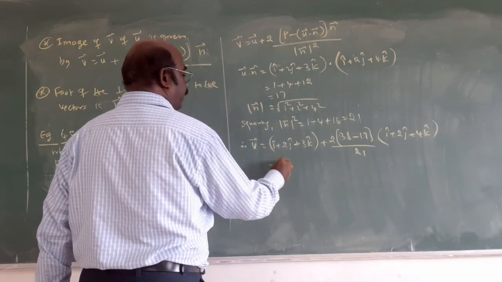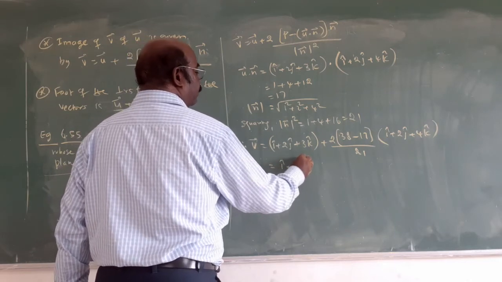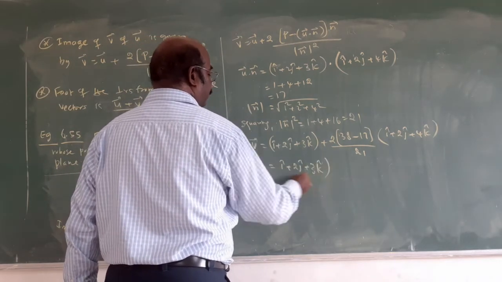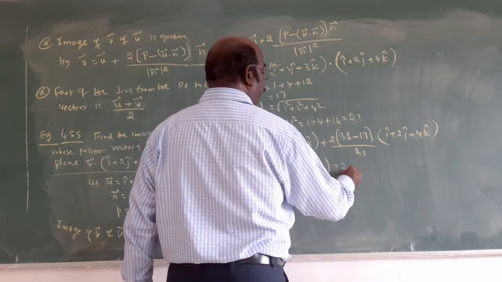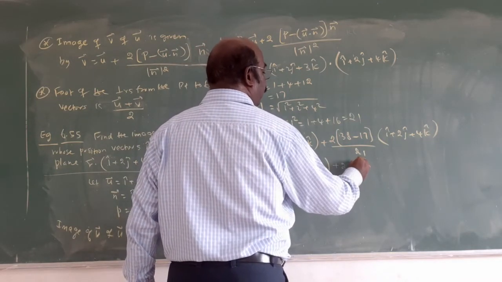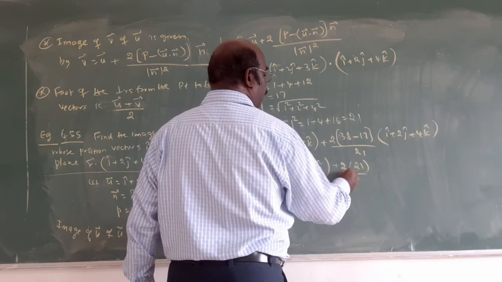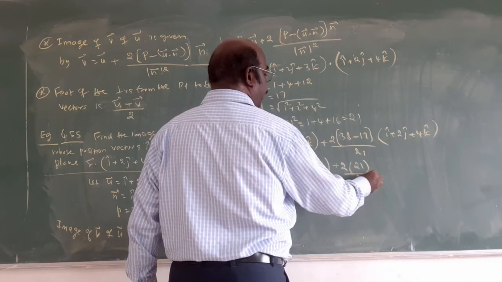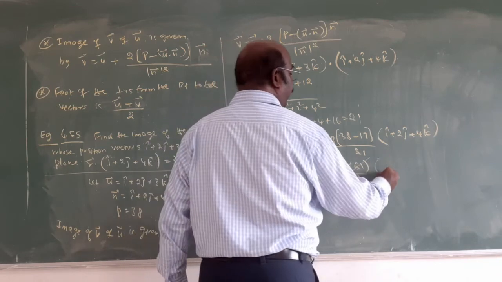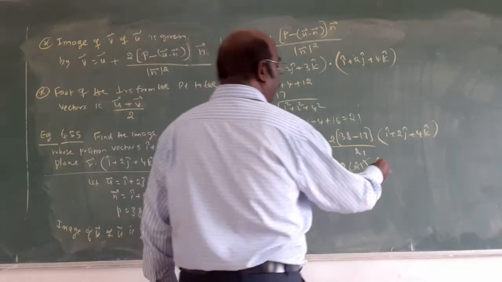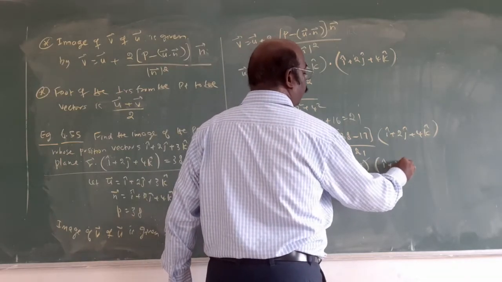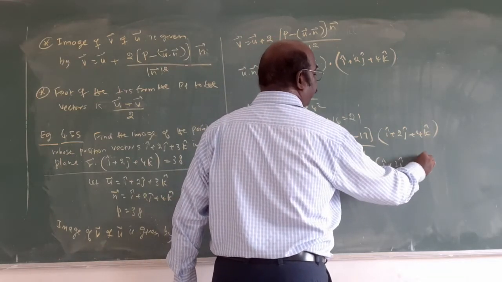Now again the same thing. Now what is the answer? 2 into 21 by 21 is cancelled, here i plus 2j plus 4k.